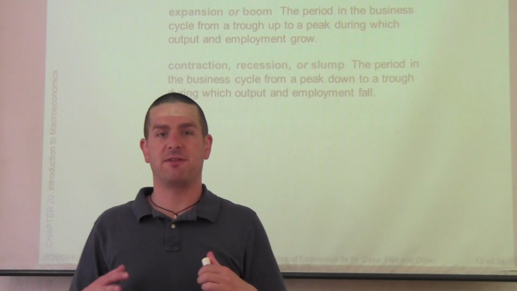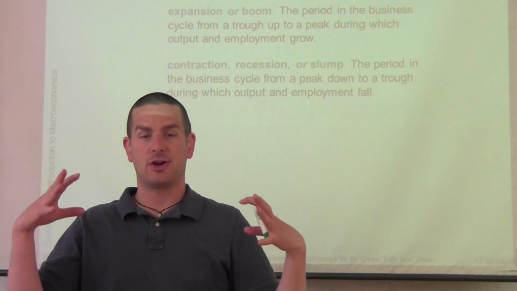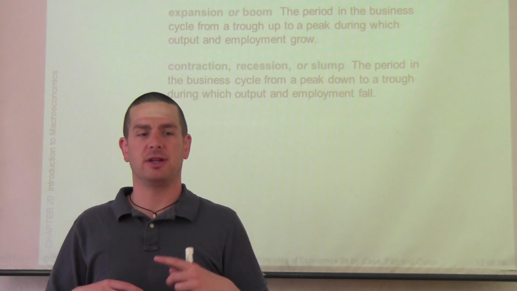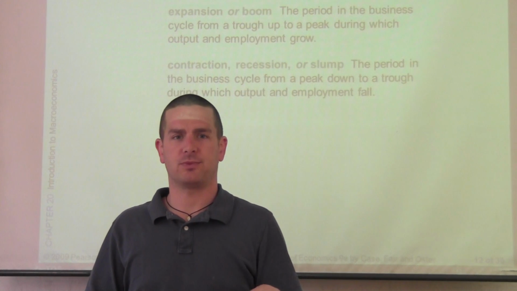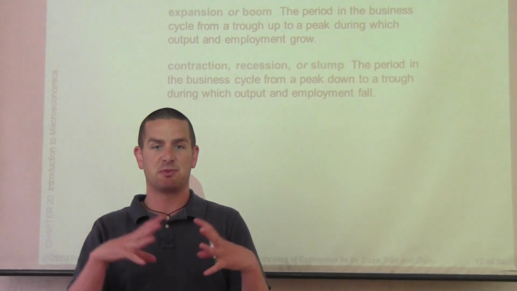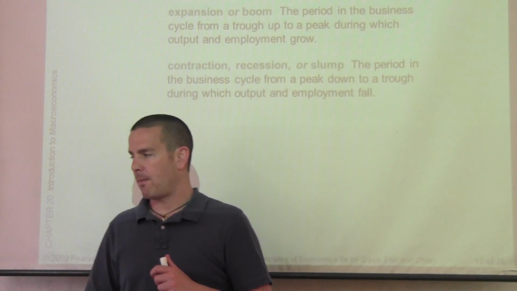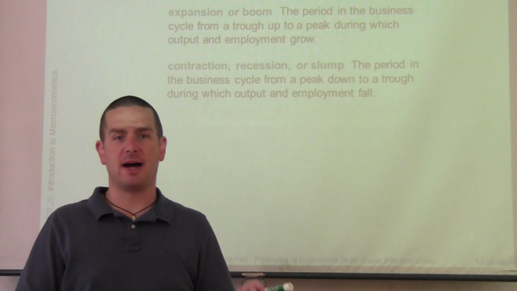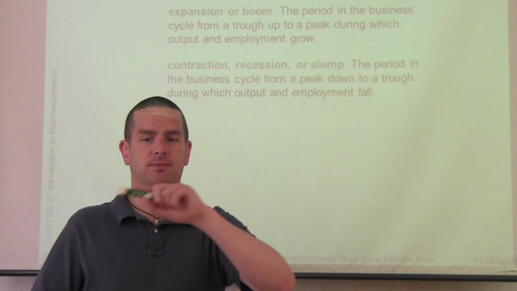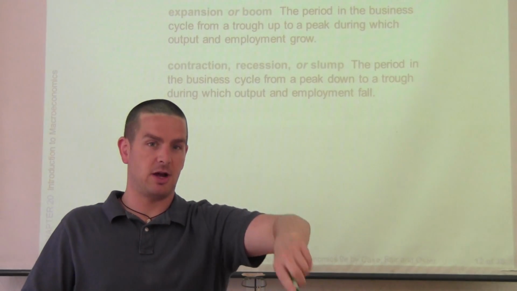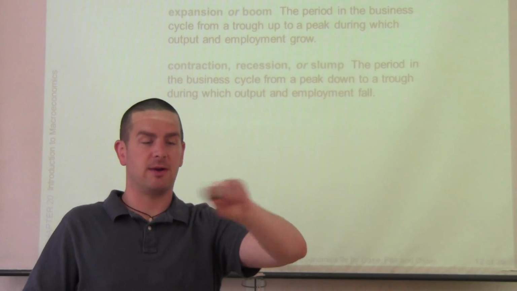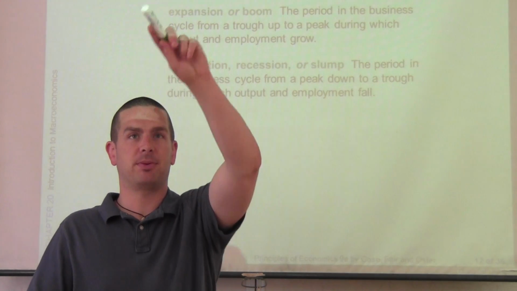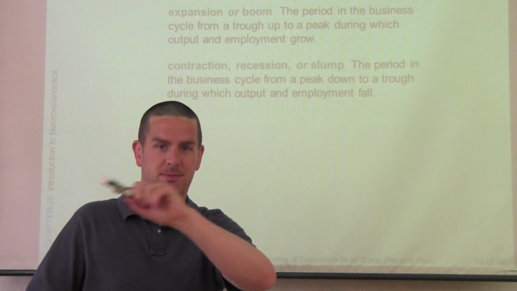The amount of stuff we're making is going down. Aggregate output is dropping. The pie is getting smaller. If you combine an expansion with a slump, you get a business cycle, right? You're going up, you're going down. It's a business cycle.